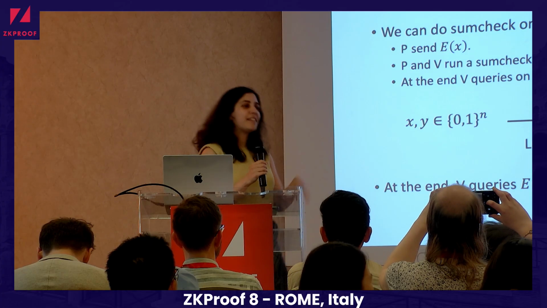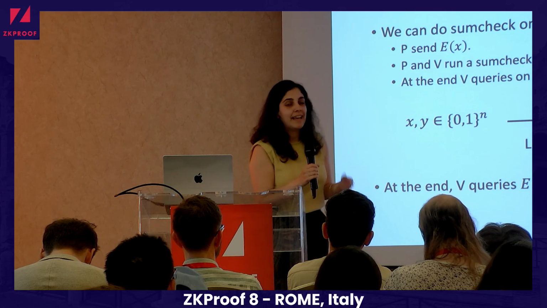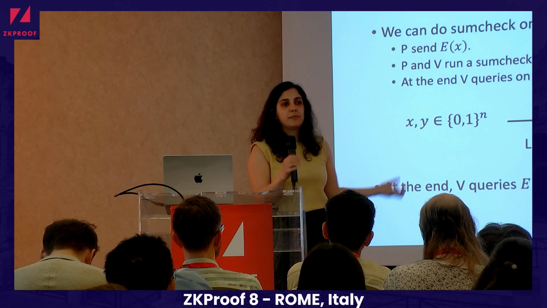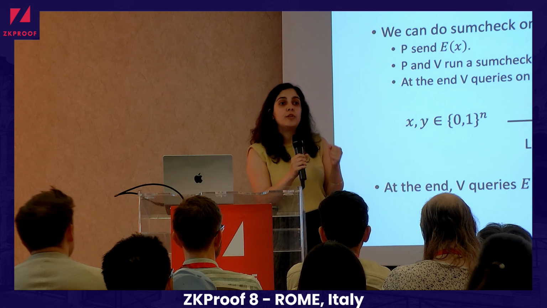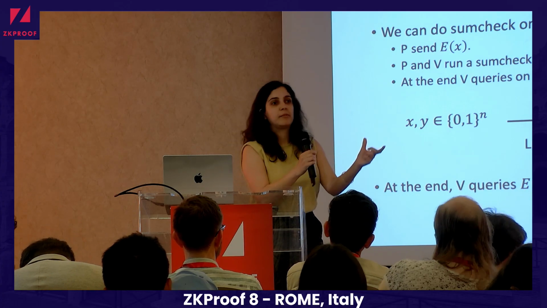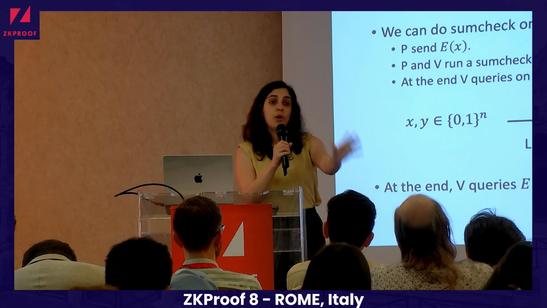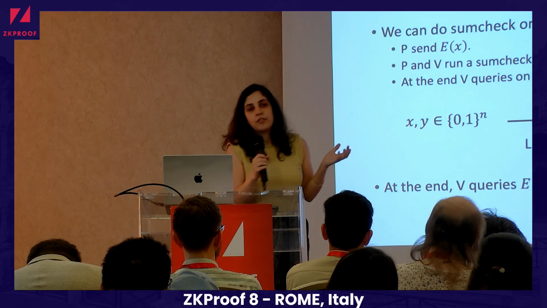So I said nothing is special about polynomials. In fact, there is something special about polynomials. What's special about polynomials is that if you multiply two polynomials, you get a polynomial. And if we think of polynomials as codes, then if we take two messages and pointwise multiply them, and we take their two code words and pointwise multiply them, something nice happens. This is not true for every code.